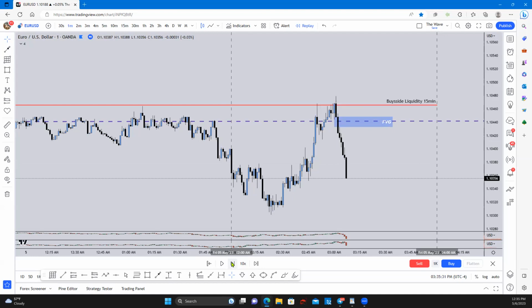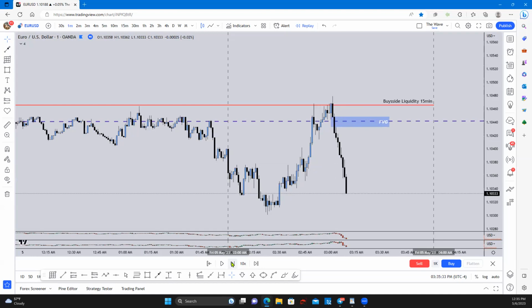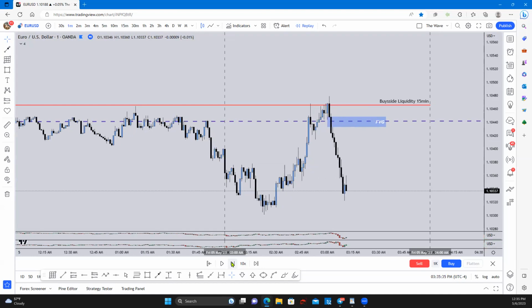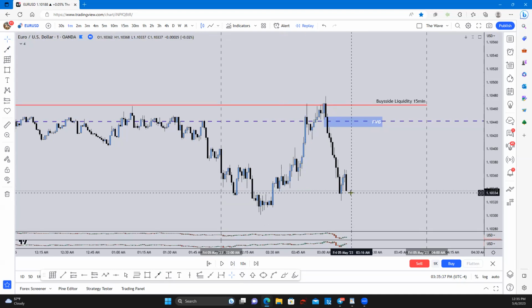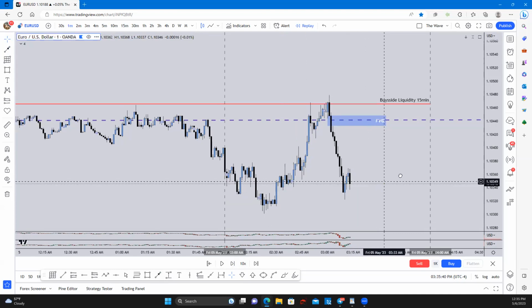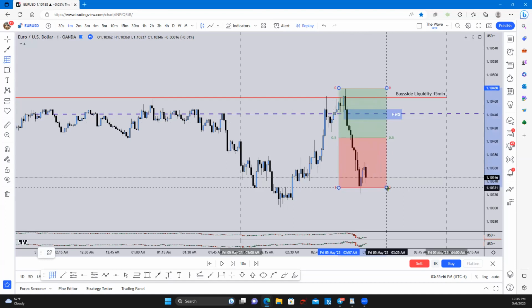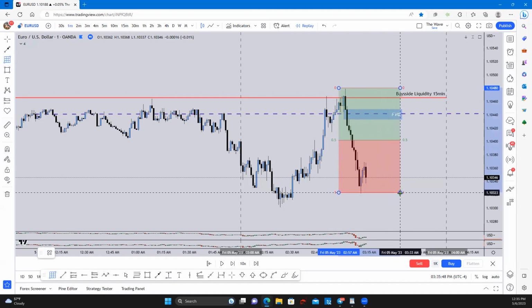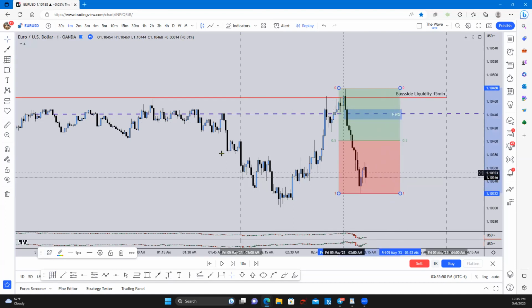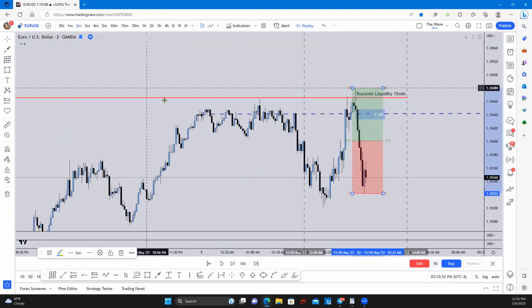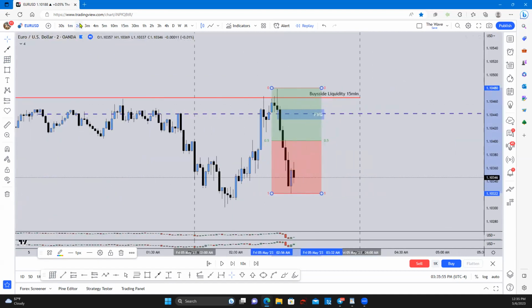So we keep dropping down. Okay. Now at this point, you're probably thinking, I probably missed the move, right? But we didn't. Let's see and measure from this swing to this swing here. So if we go to the higher time frame, we can go to the 2 minute.